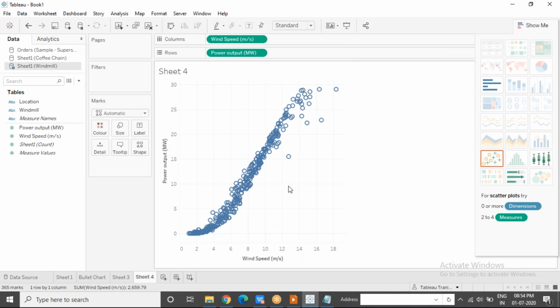So just by looking at the scatter plot, can you all please respond and tell me what you think is the direction and what you think is the strength of the relationship between these two measures? What is the direction and what is the strength?